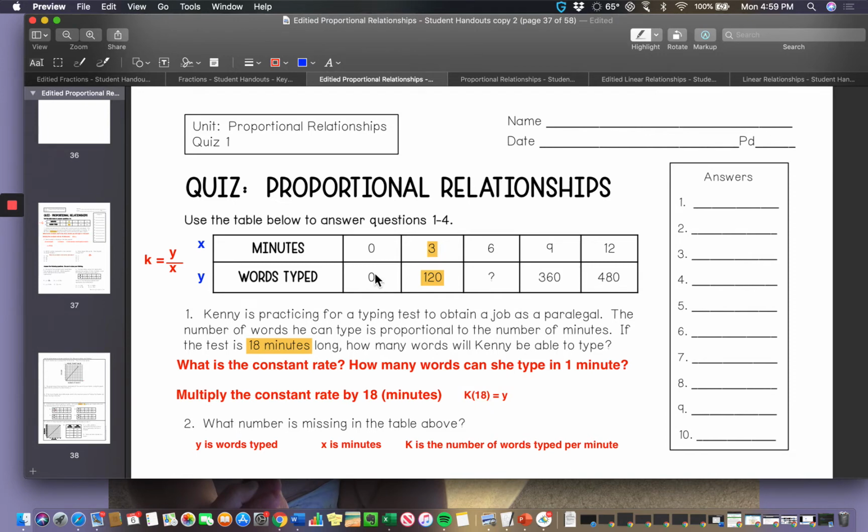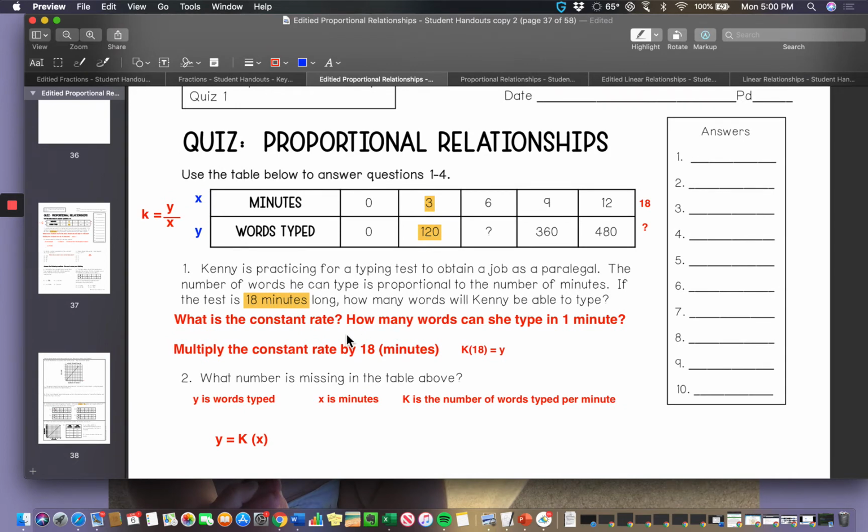Just imagine here that you had 18 minutes, and they're looking for how many words that would be typing. So just think about extending your table.